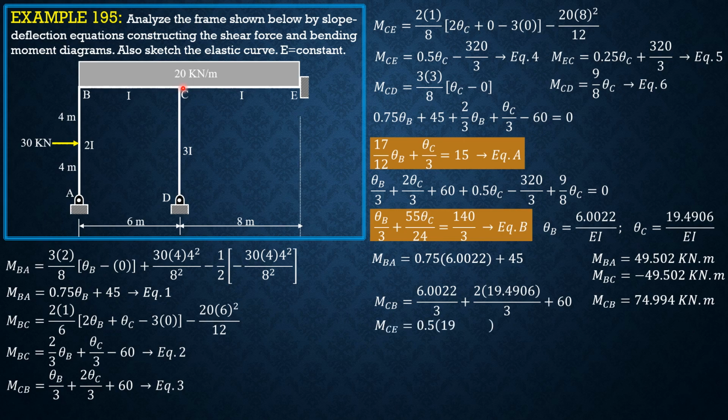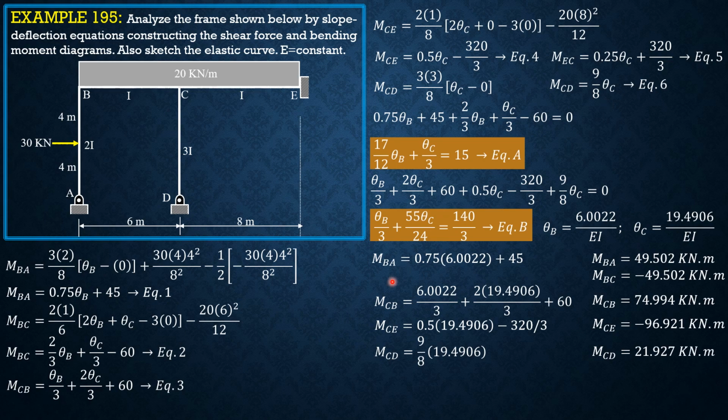Moment CE is equal to 0.5 of theta C minus 320 over 3, and that is equal to negative 96.921 kilonewton meter. Moment CD, 9/8 of theta C, is equal to 21.927 kilonewton meter. So we're now ready to solve for reactions.